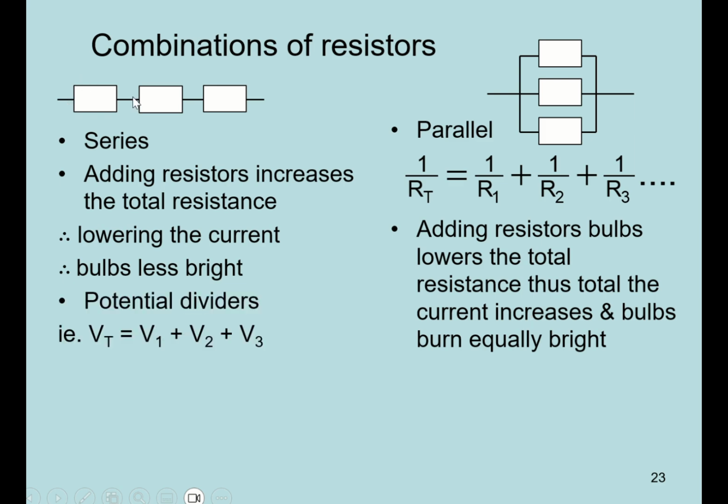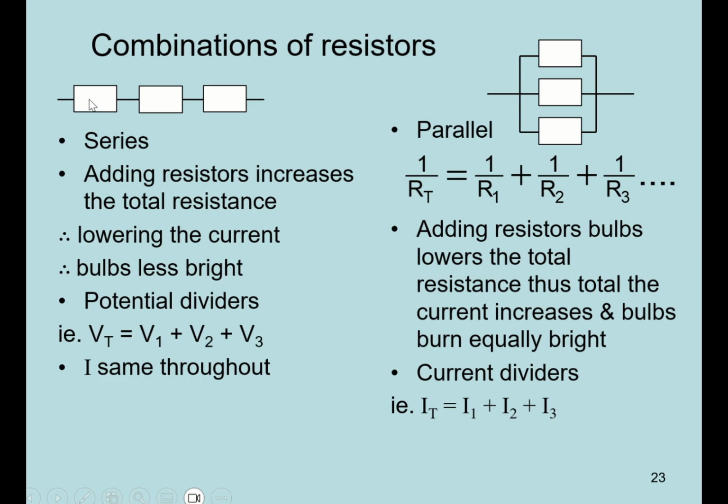So if we had a voltmeter across each one, we would add them up to get the total voltage. The total voltage divides amongst the components in series, and here it's the current that divides. So the total current coming along here is equal to the sum of the current through the 3 resistors, and there it joins up again.